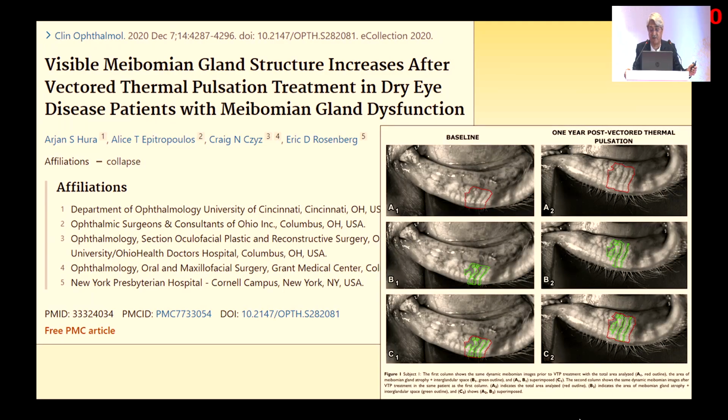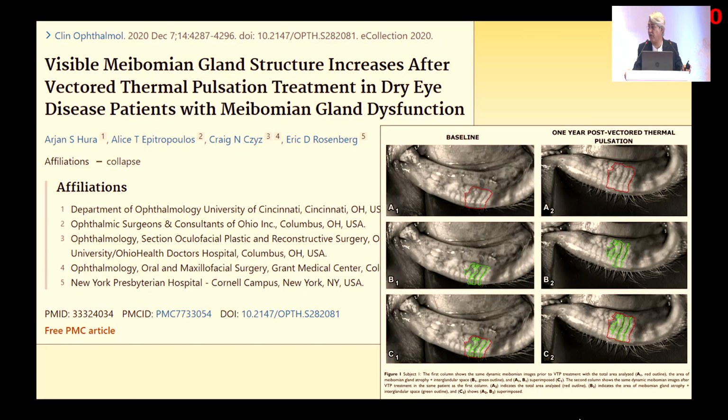They have shown pictures on both sides, several examples, and with image software they have shown that the glands, pre and post, are increasing. So I said it is good.